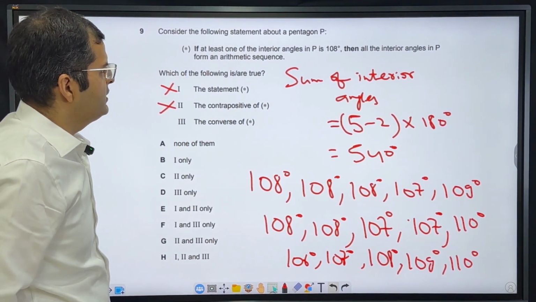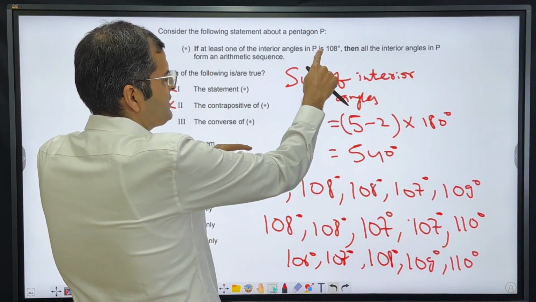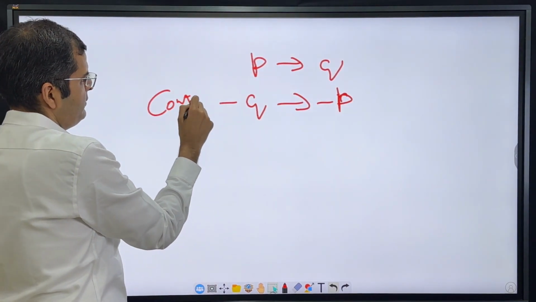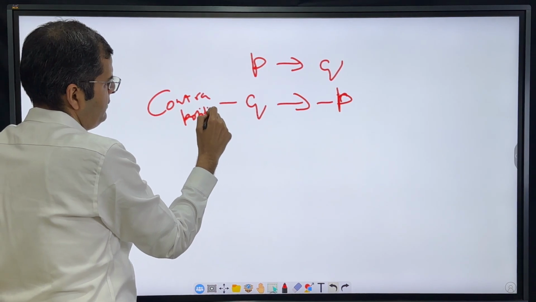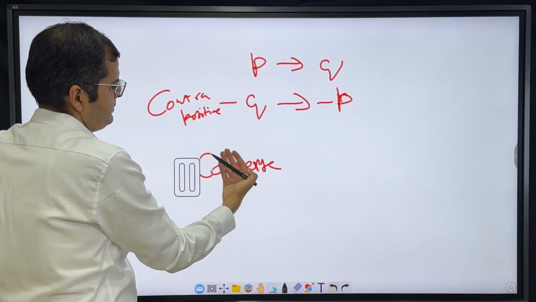Now I look at the converse. Converse means that I'll read it in the opposite direction. If P leads to Q, this is contrapositive, and this is converse.